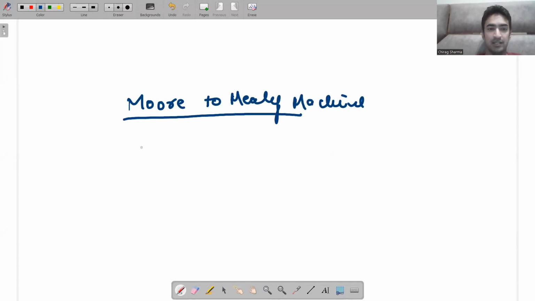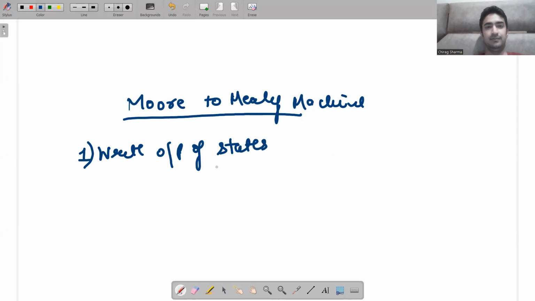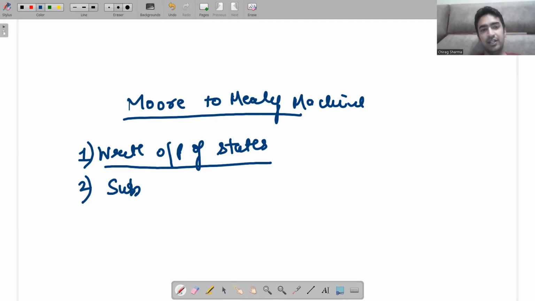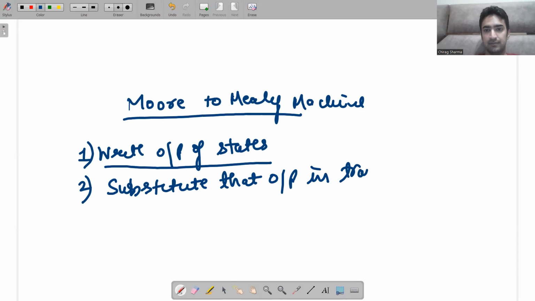The simple first step is to write the output of states, and the simple second step is to substitute that output in the transition.